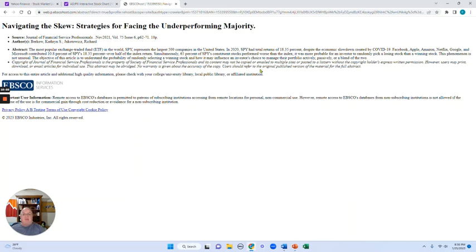Which is exactly what happened. When the market started to come down in 2021, especially in 2022, the S&P constituents, Facebook, Apple, Amazon, all the rest, were down anywhere from 30 to as much as 40, 50, 60%. So the people who owned individual positions in these got clobbered, and they did a great job of pulling the index down.